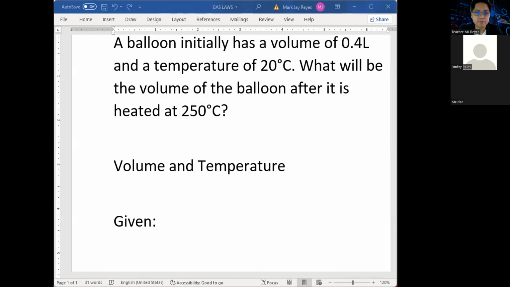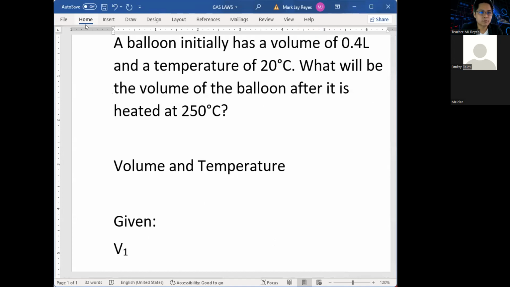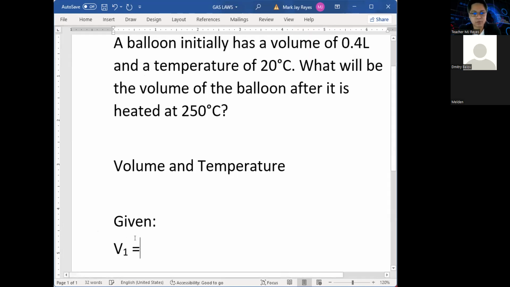Because we have two volumes here, we can use V1, volume 1, is equal to 0.4 liters.